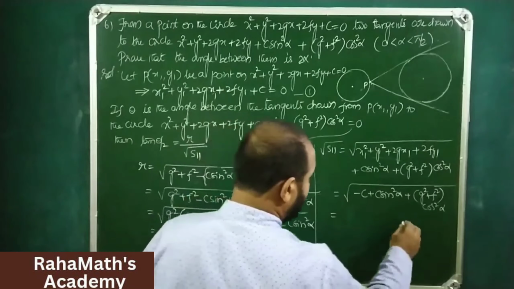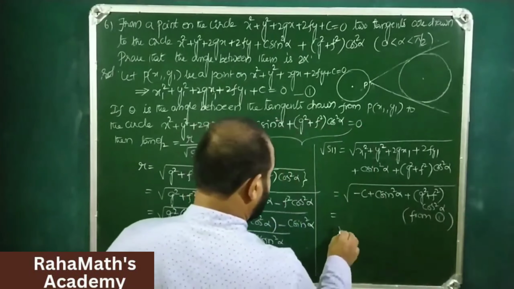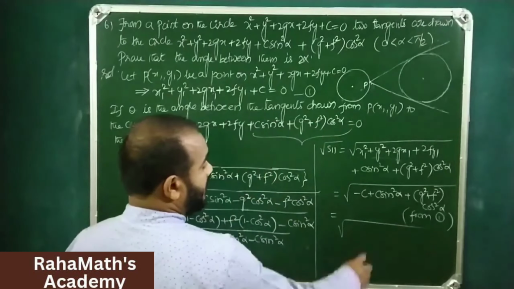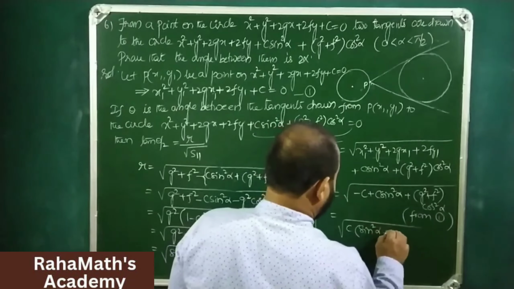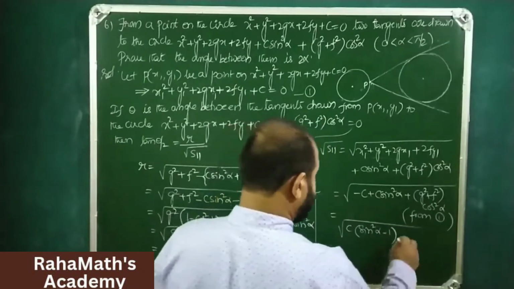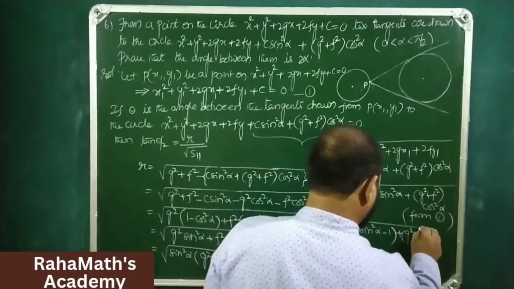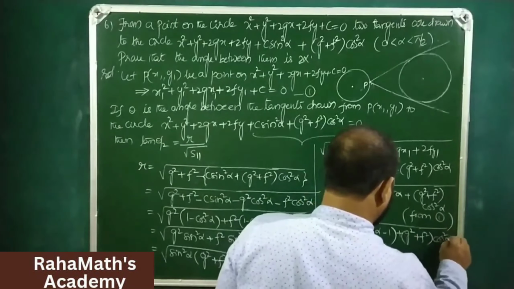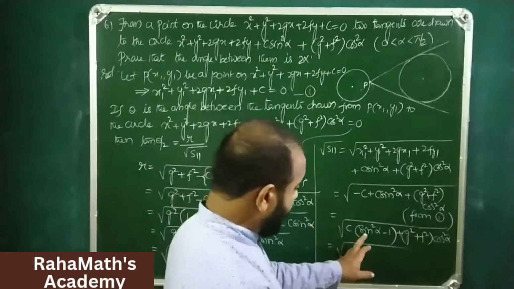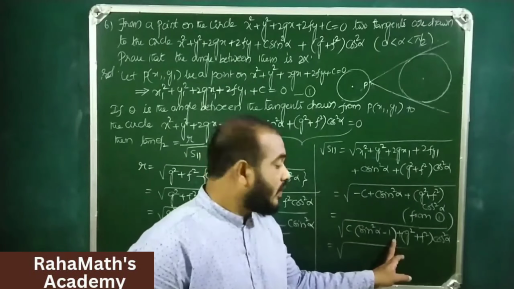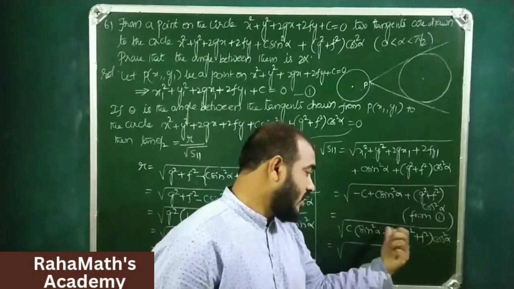So, from 1, this is equal to, take c in common, sine square alpha minus 1, plus g square plus f square cos square alpha. 1 minus sine square alpha is cos square alpha, so sine square alpha minus 1 is minus cos square alpha.